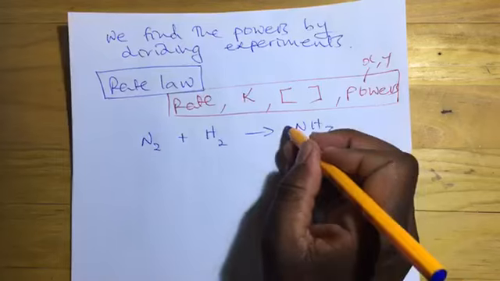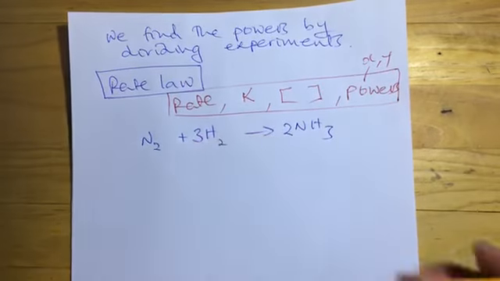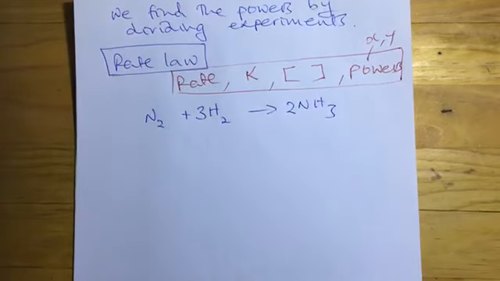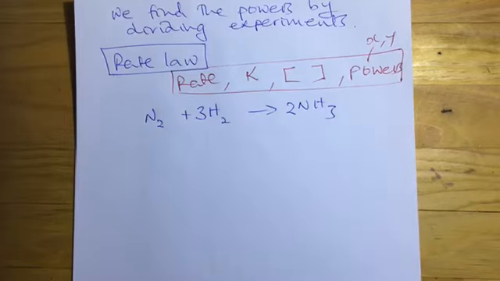To balance this, we're going to put a 2 and a 3. Here is a question: does the rate law include balancing numbers?